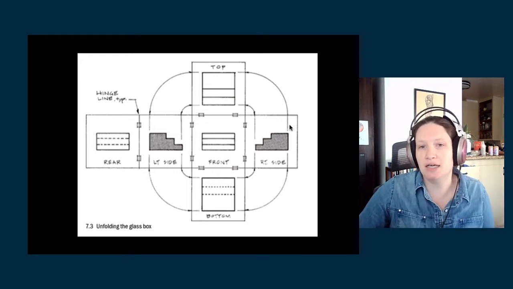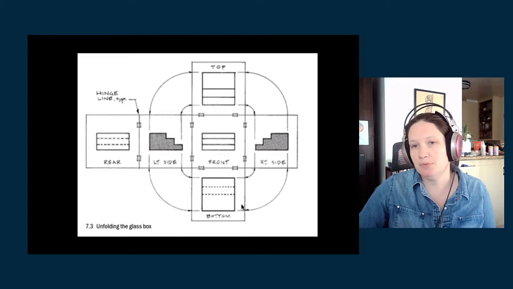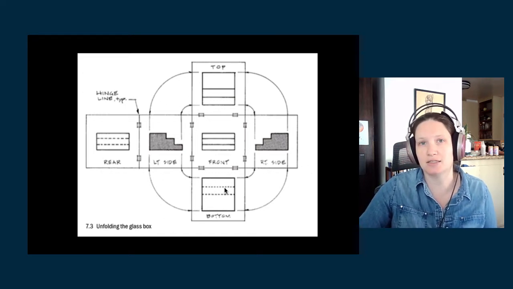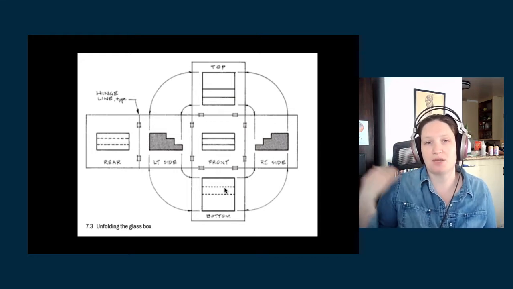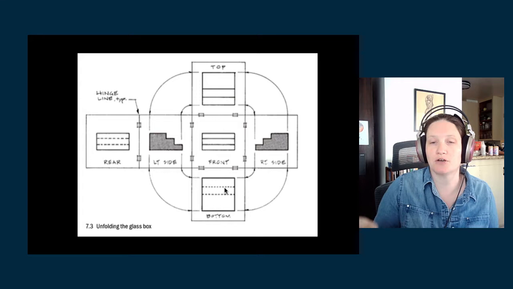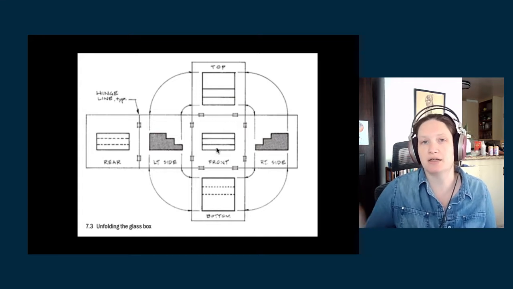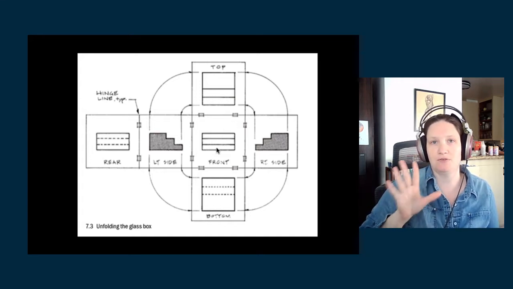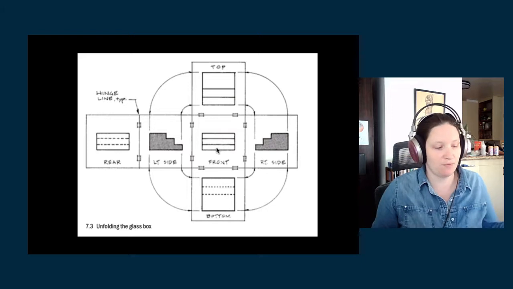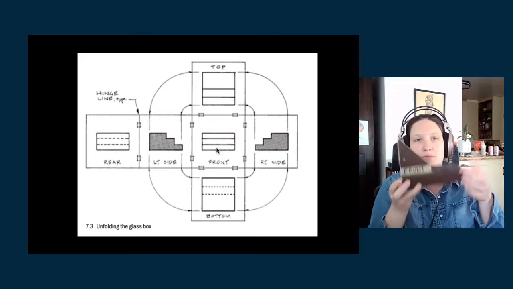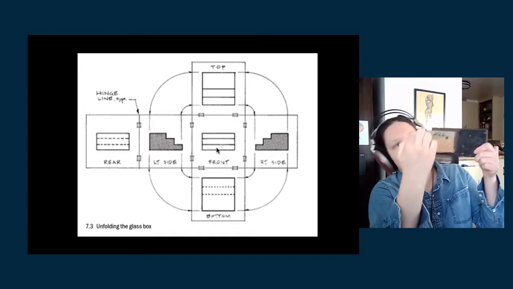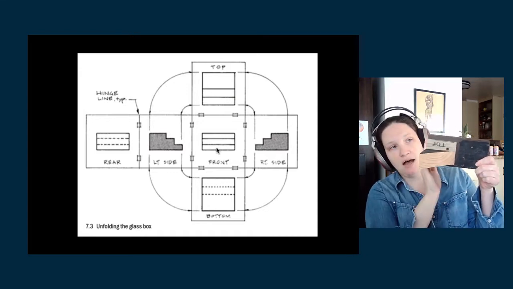You're also seeing the line type distinctions here, right? You're seeing these dashed lines. A dashed line means it's something that we're seeing through a surface, whereas these solid lines are the visible line. So if I'm looking at this block, for example, you would see all of these lines from the top view.